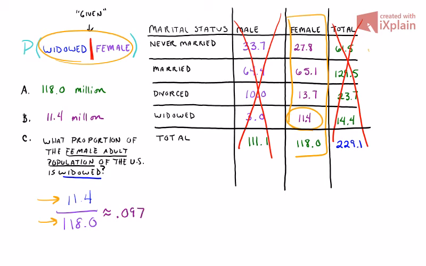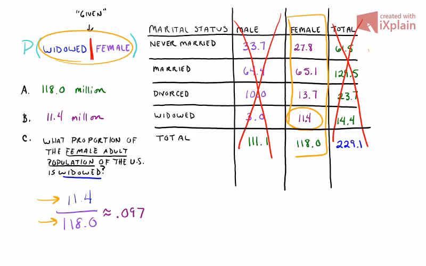So 9.7% of the females in this data are widowed. Because I don't want to just say adults, because then that would pull in the men as well. And we are only interested in the females in this particular situation.